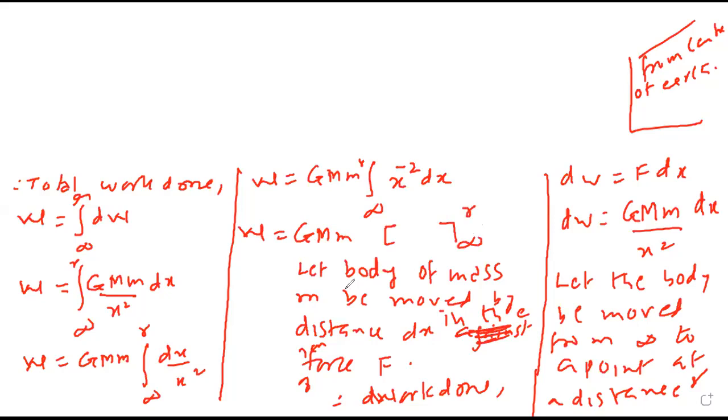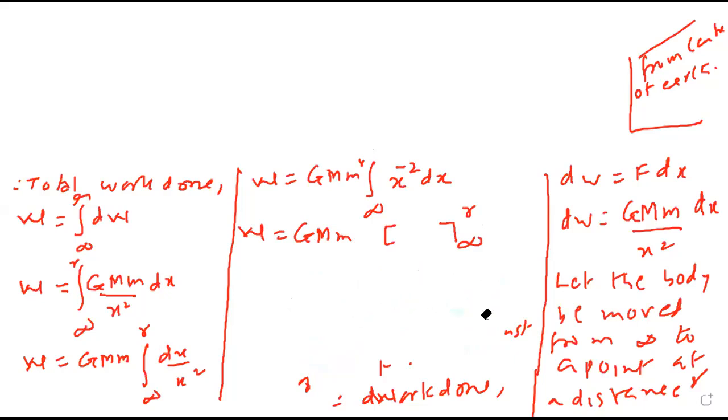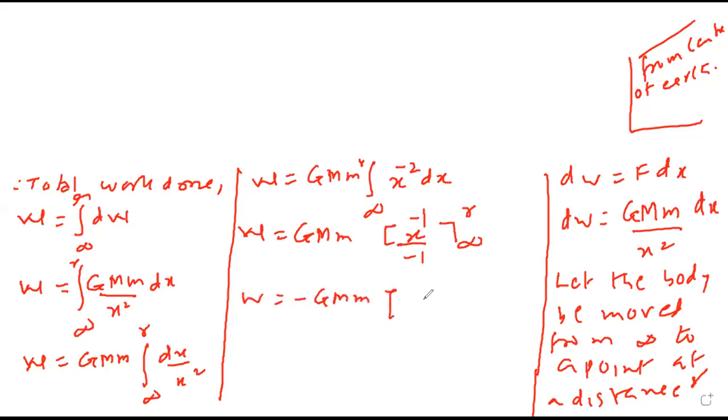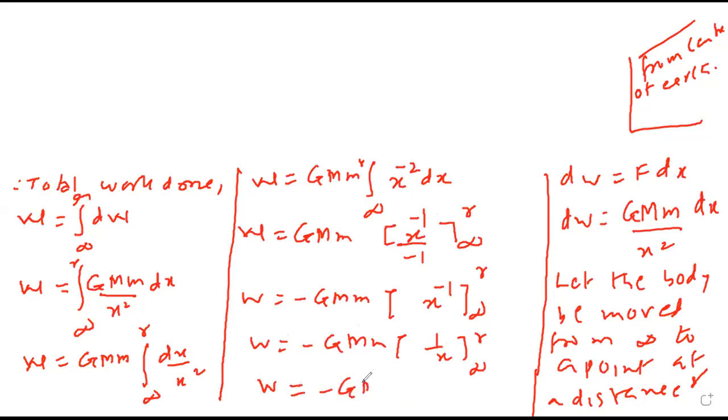It is minus 1 times x raised to minus 1. Increase the power by one and divide by the same power, that is our formula. So minus 1 I am taking outside, so inside I get x raised to minus 1 from infinity to R, that means minus G M m times 1 upon x from infinity to R.